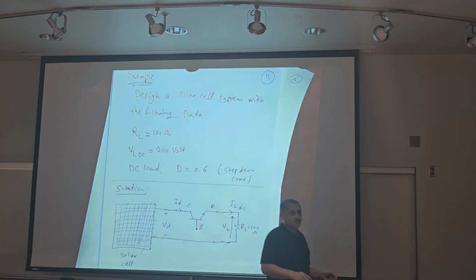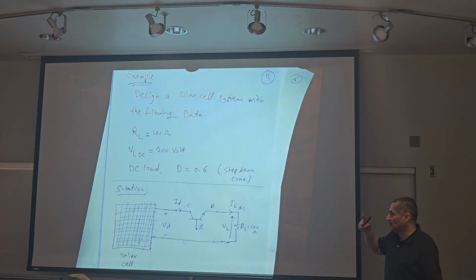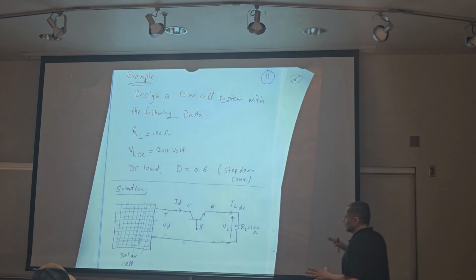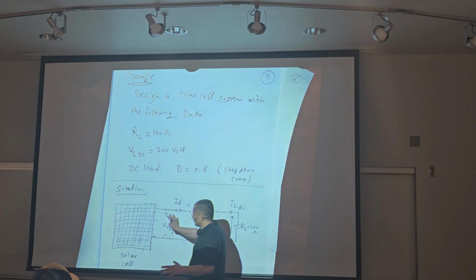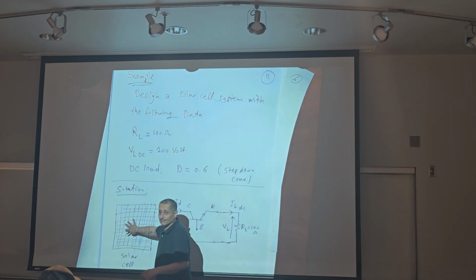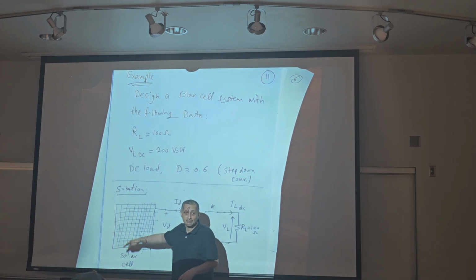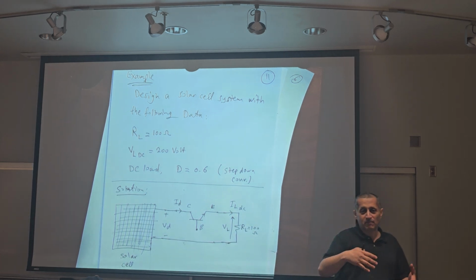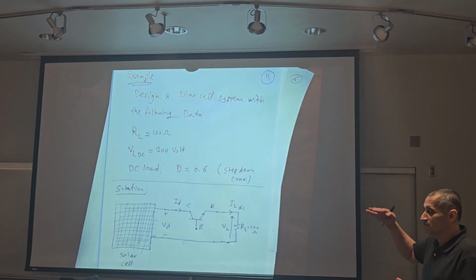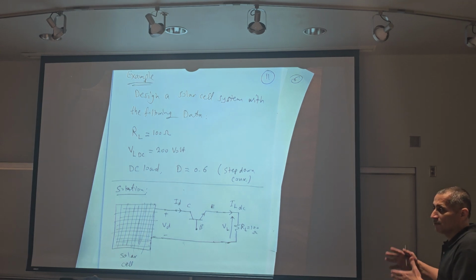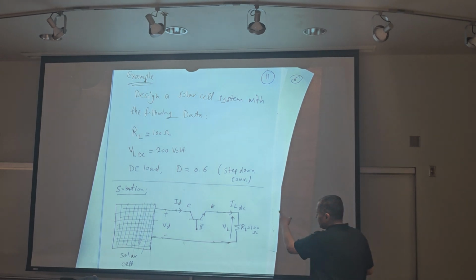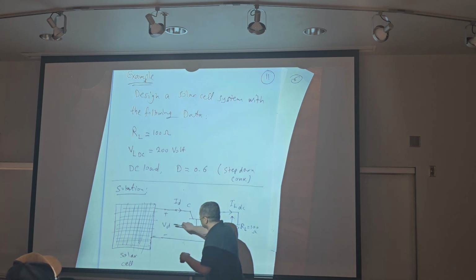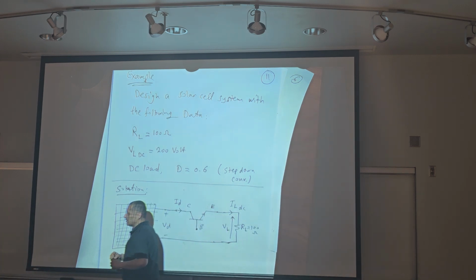In this example there are two circuits. The first circuit is a general circuit, one equivalent panel, but then we will calculate the multiple panels connected in series or parallel, depending on VD and ID.